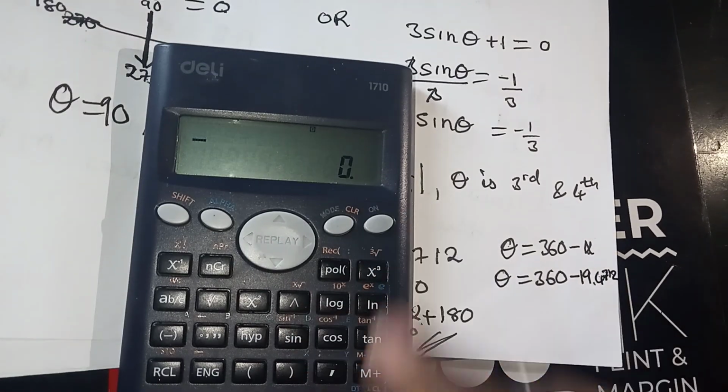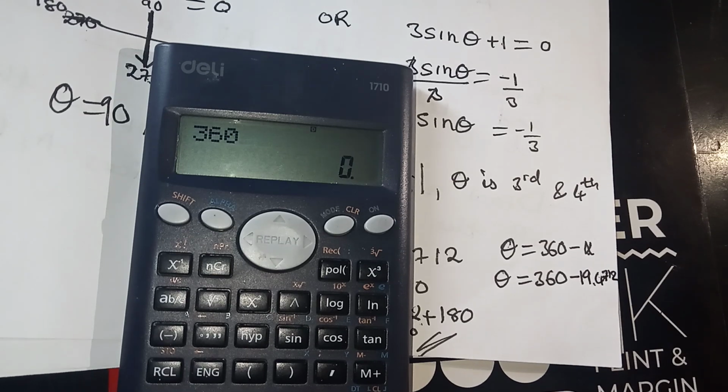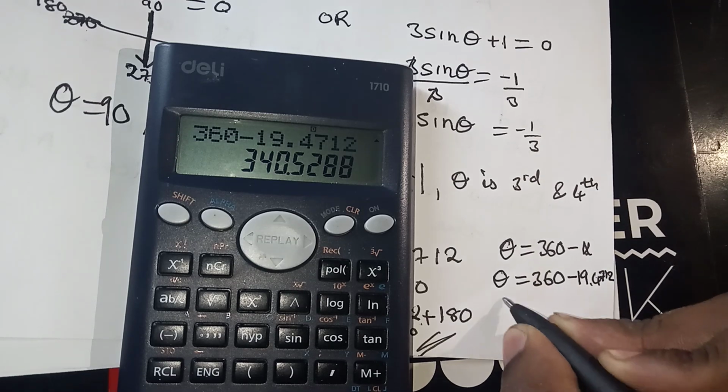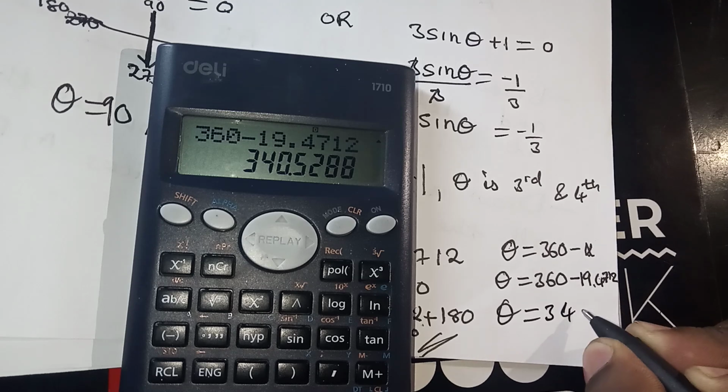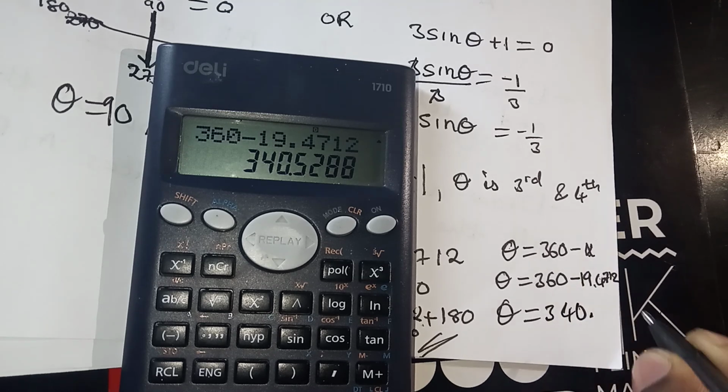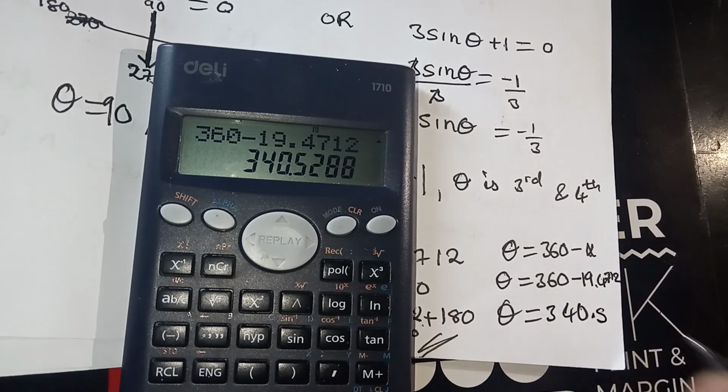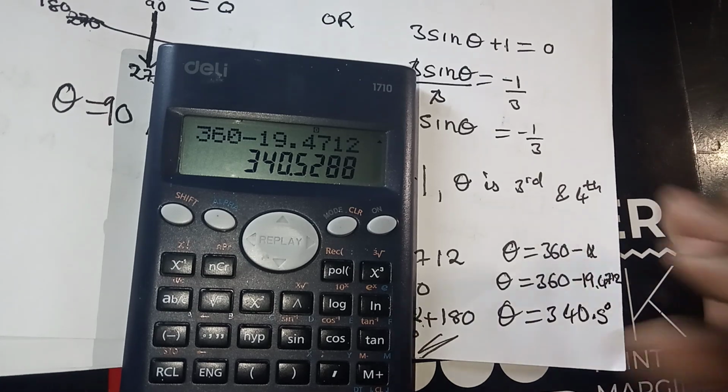So let me punch it on my calculator. 360 minus 19.4712. So our other theta will be 340 point, I'll just write 0.5 degrees.